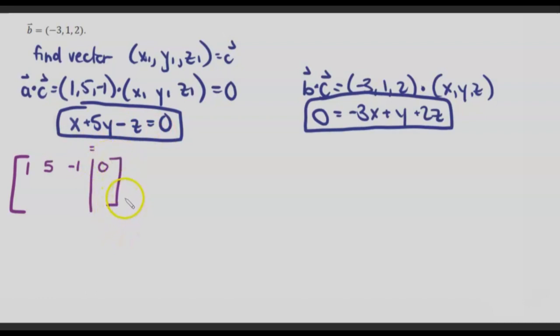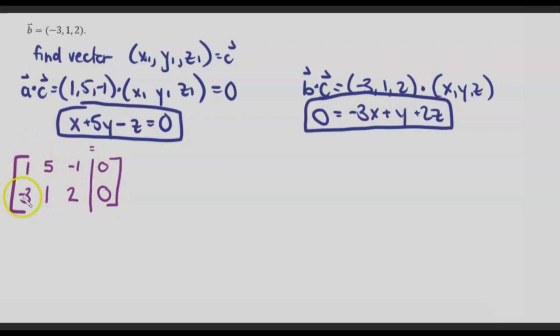Stacked on top of that, we go in the same order. What is the coefficient of x? Well, it's -3. The coefficient of y is 1, and the coefficient of z is 2. And this equals 0.